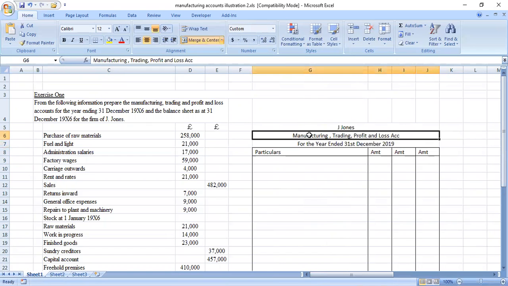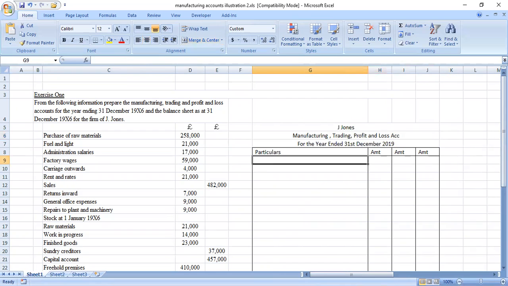So we begin with the manufacturing account. In the manufacturing account we said we show the cost of manufacturing or the production cost, yes? And the production cost is equal to the prime cost plus the factory overheads plus the cost of work in progress. So we begin with the prime cost.